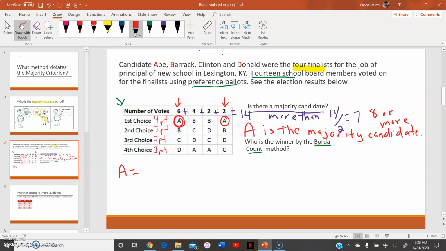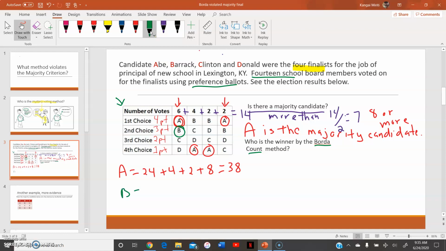Well, 4 times 6 is 24. And then 4 times 1, and then 2 times 1, and then 2 times 4, which is 8. So A would get a total of 38 points.